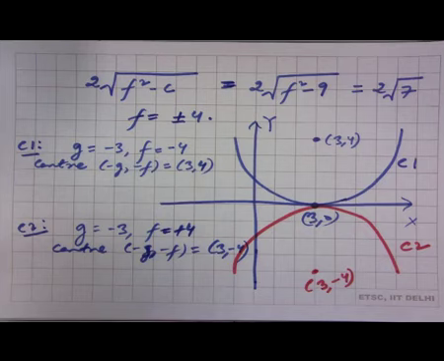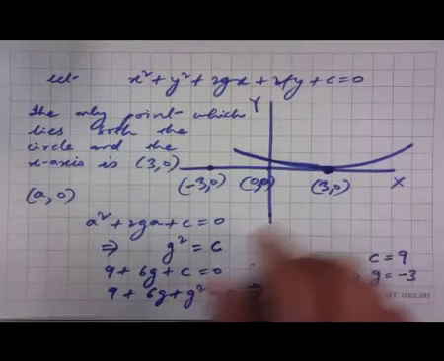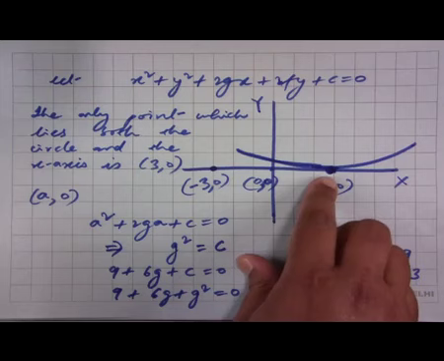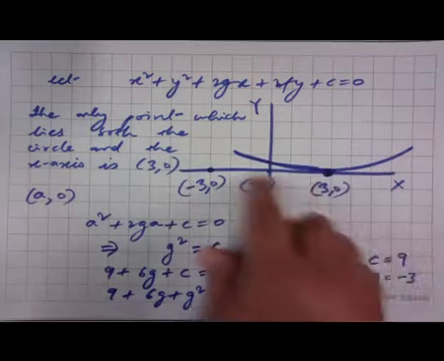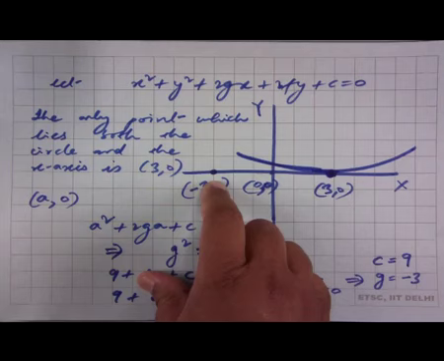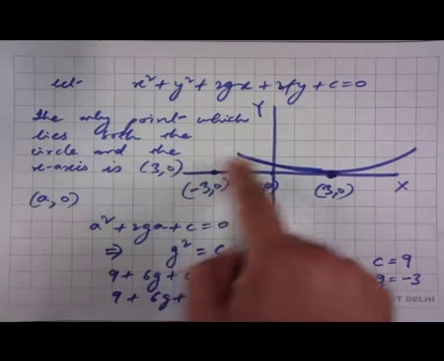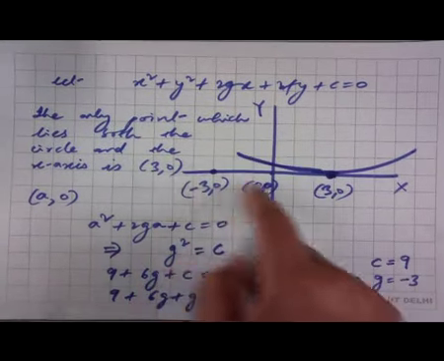And similarly, if we had started, instead of starting with 3, 0 as the point on the x axis which touches the circle, if we had started with minus 3 comma 0, then we will again get two circles, one would be here and the other would be like this.